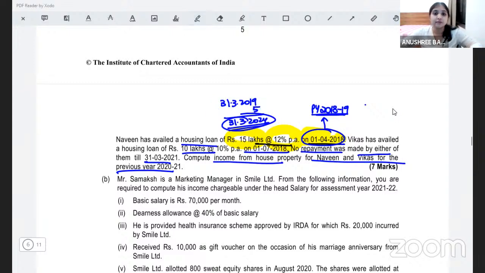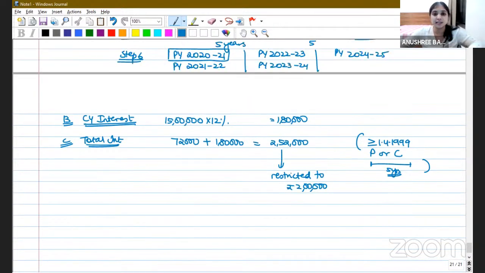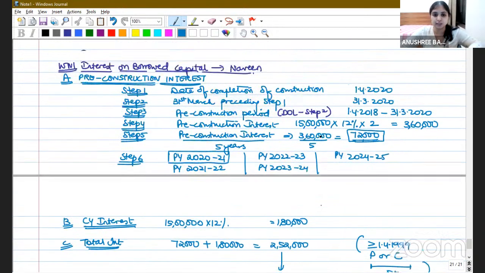All 3 conditions are fulfilled. Hence, this will be restricted to rupees 2 lakhs. Even if one of these conditions was not fulfilled, then we would have restricted the interest to 30,000. But here all the 3 conditions are fulfilled, hence we will restrict it to rupees 2 lakhs. Otherwise, we would have restricted it to 50,000.